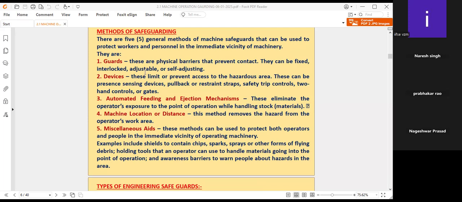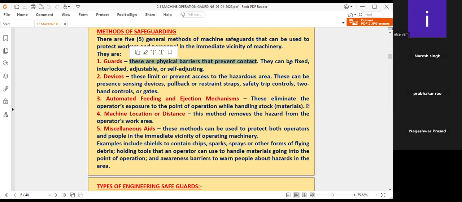One is the method of guards. This type of guard will prevent contact. First of all, they are physical barriers to prevent contact. That means if our hand is there, it will not go in, because the guard protects us from the machine. Thereby, our organs will not be exposed to that machinery.